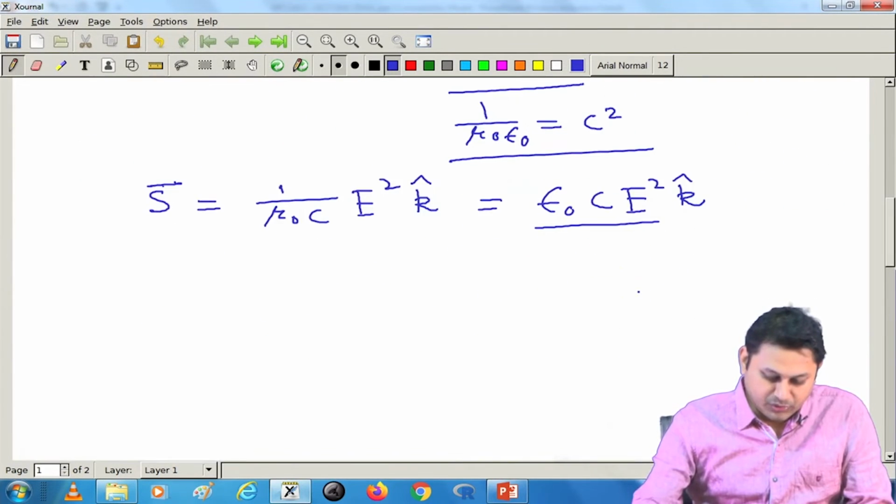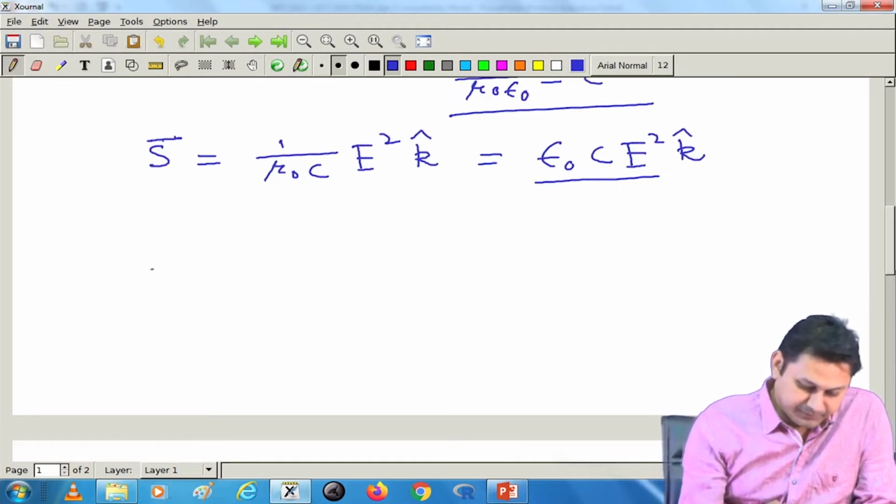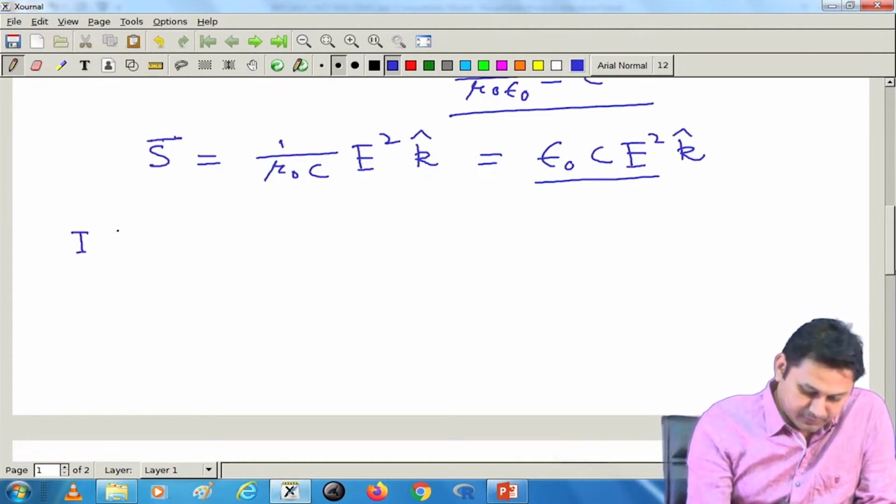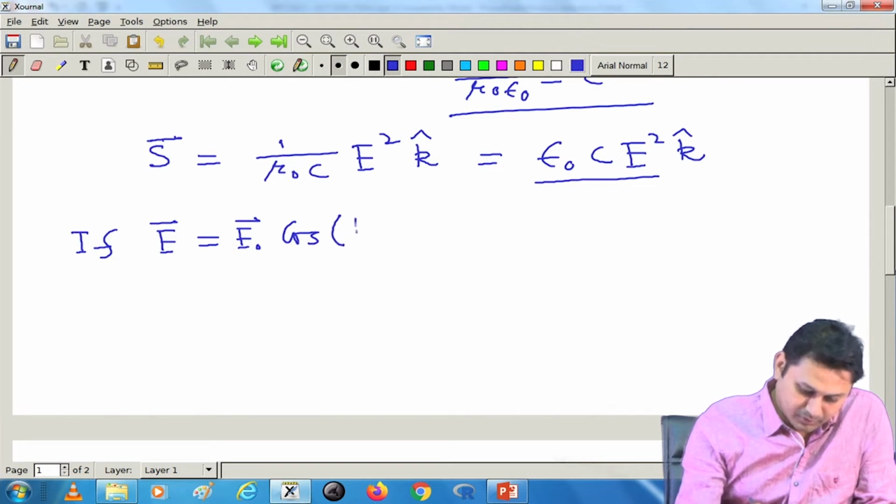Now, we know that if the electric field is sinusoidal in nature, I can write the plane wave solution in this form, cos of k dot r minus omega t.